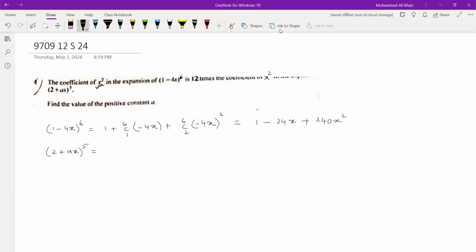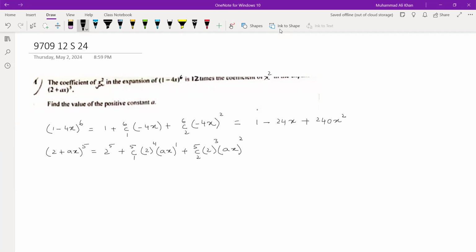Again, we have to calculate the coefficient of x squared. So now it will be a^n plus nC1 a^(n-1) b^1 plus nC2 a^(n-2) b^2.